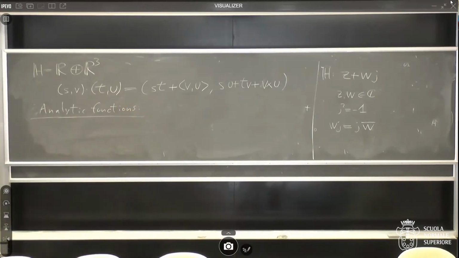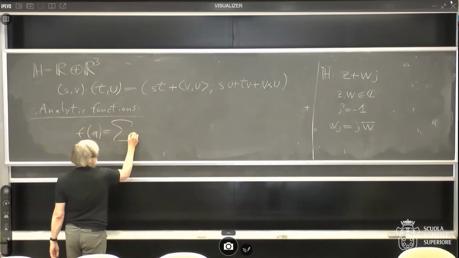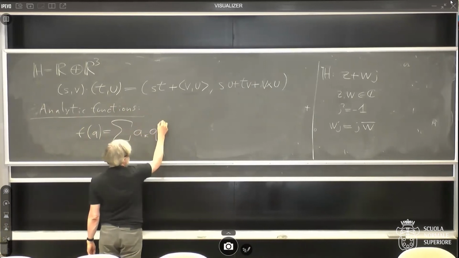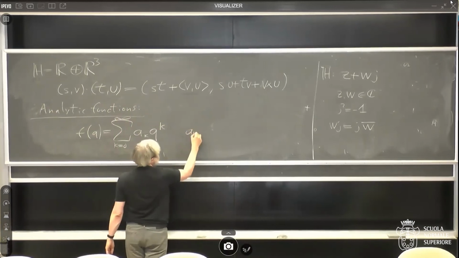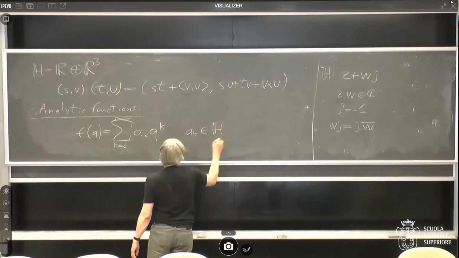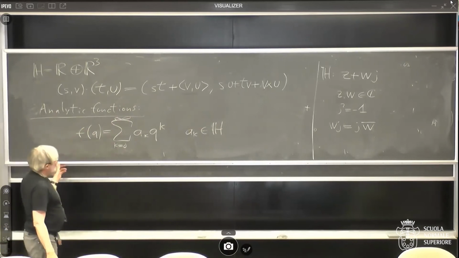So you could just write a function in the form of a power series, and you can simply define the space of all quaternionic entire functions. Here some comments are necessary.